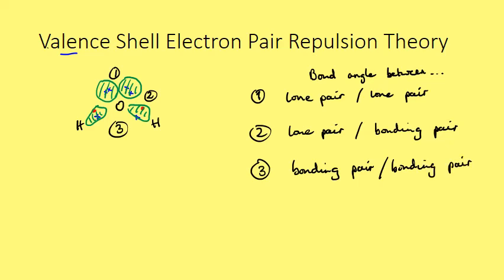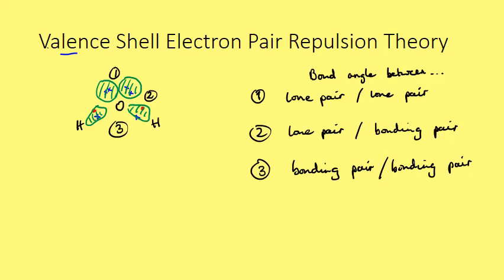And all the valence shell electron pair repulsion theory is a statement of relative bond angles between these three different types of bond angles. Okay, so let's have a think. Let's look at number one. Number one is the bond angle between two lone pairs.